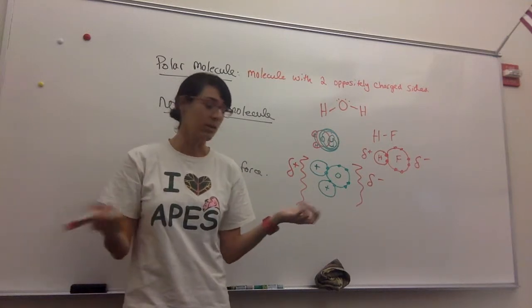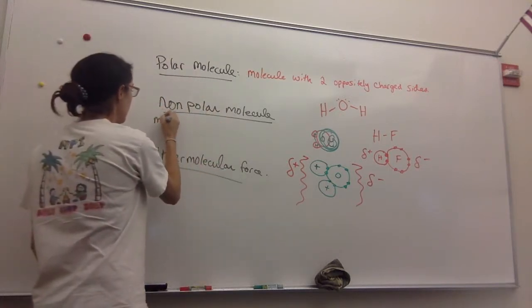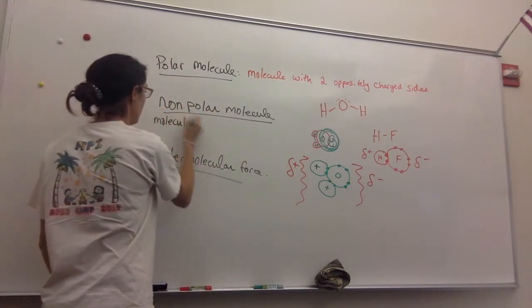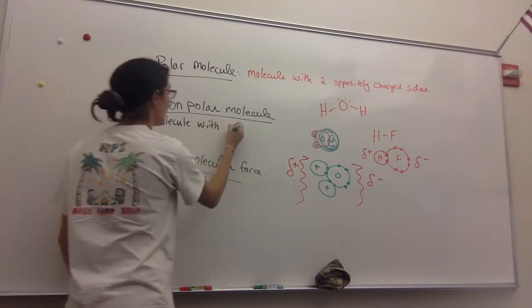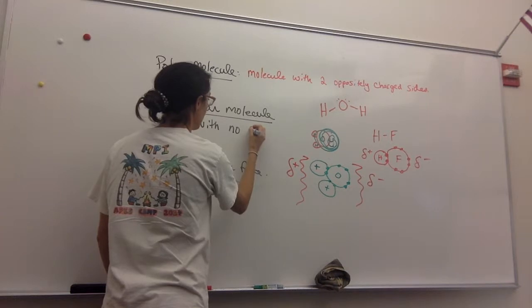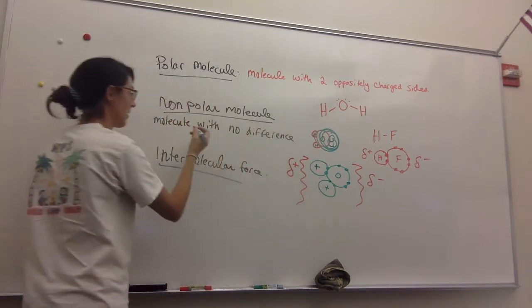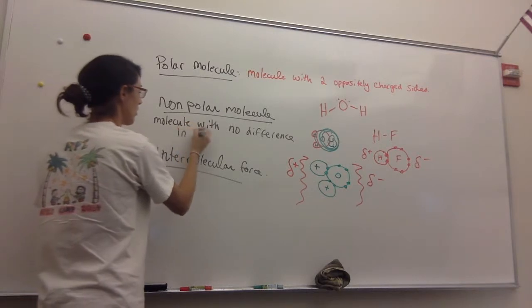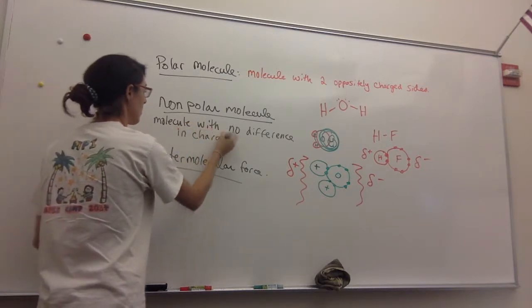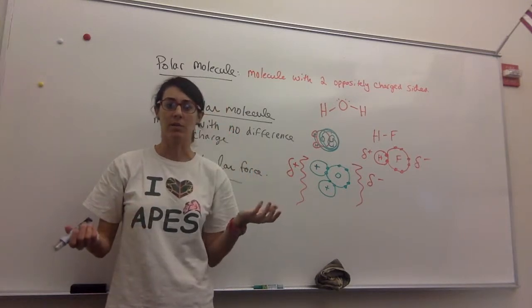So a nonpolar molecule is simply the opposite. A nonpolar molecule would be a molecule with no difference in charge. Basically, there's no part of the molecule that's stronger than the other part.